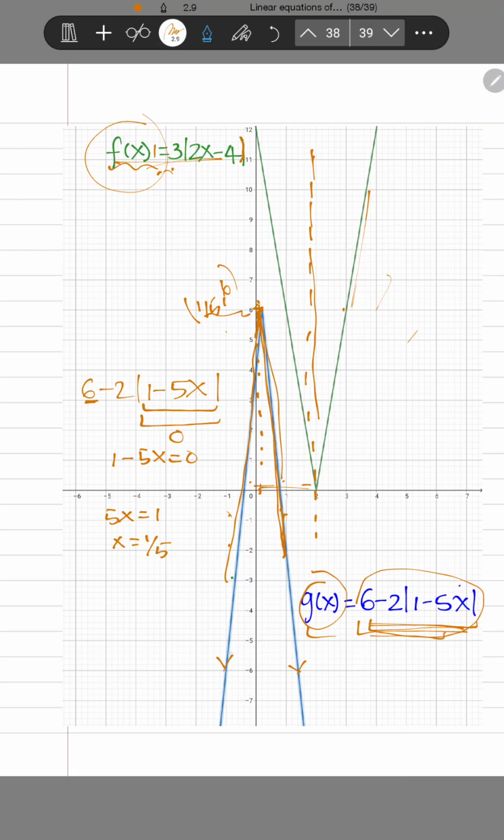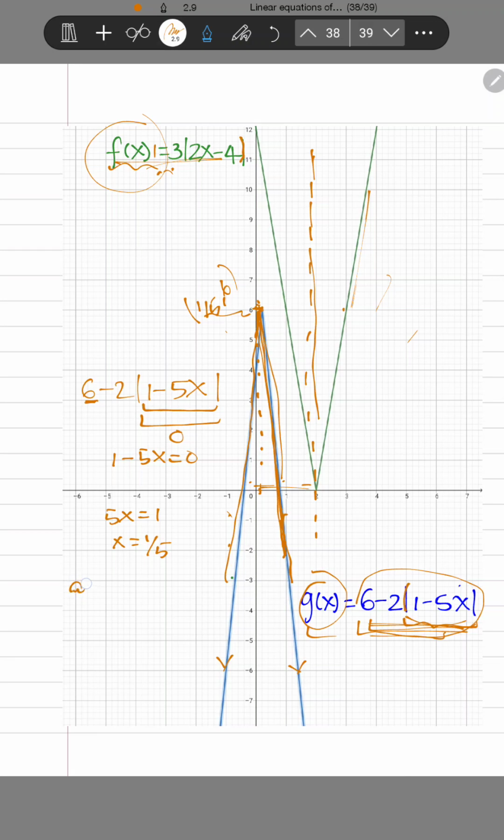So we don't need to worry about a place where the absolute value of 1 minus 5x gives a negative, and then we have to multiply by negative. No, just to find the slope of this graph, we can take it as it is by removing the absolute value symbol and replacing it with simple brackets.